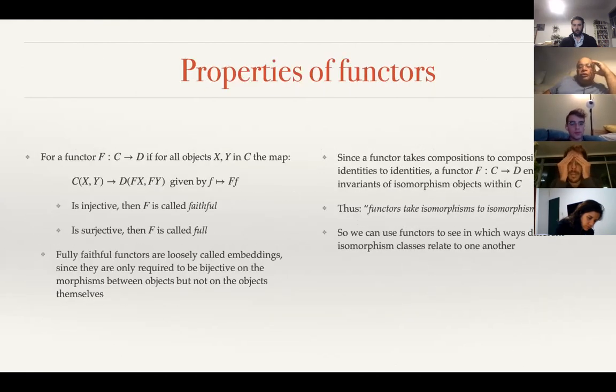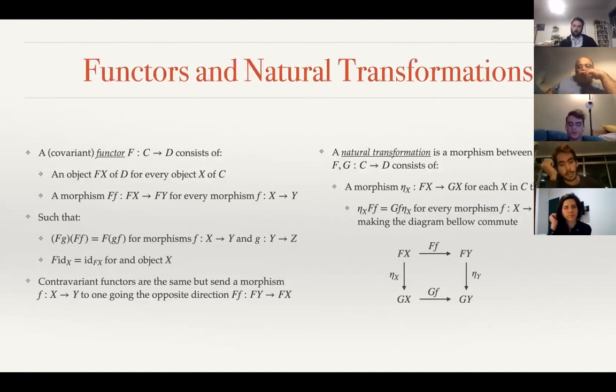Oh, wrong way. Sorry, can you go back to the natural transformation diagram? So if we want to read this diagram, X and Y are elements within the category C. Yes. They're both elements of C. And there is a morphism between x and y, which is little f.